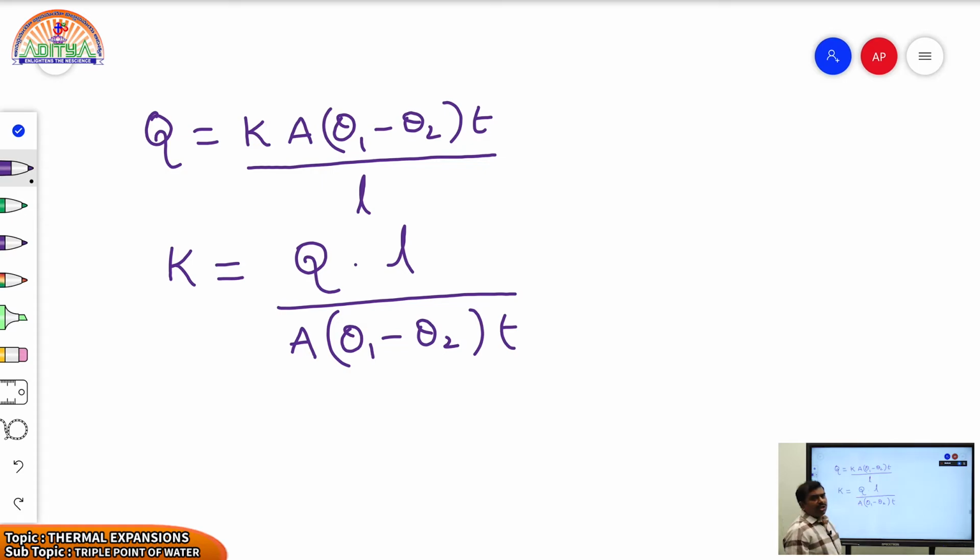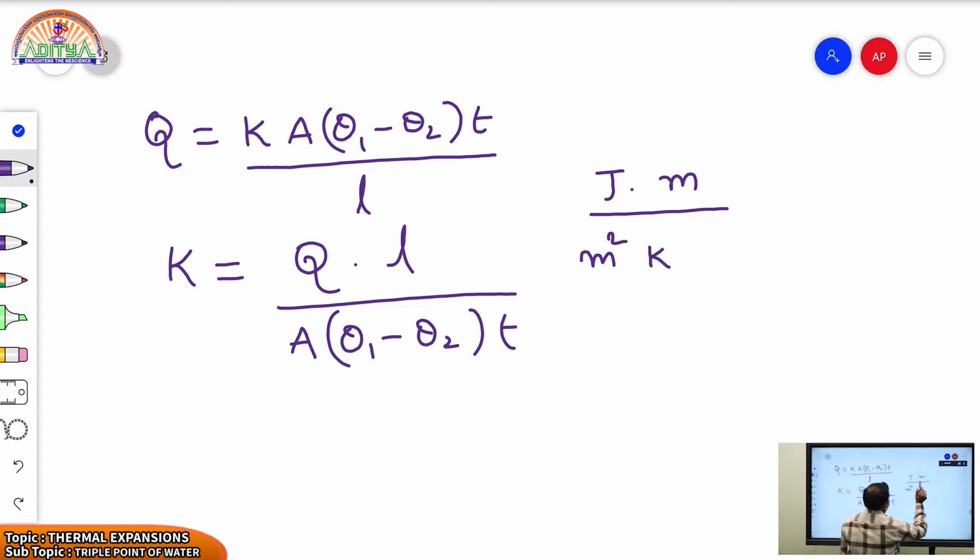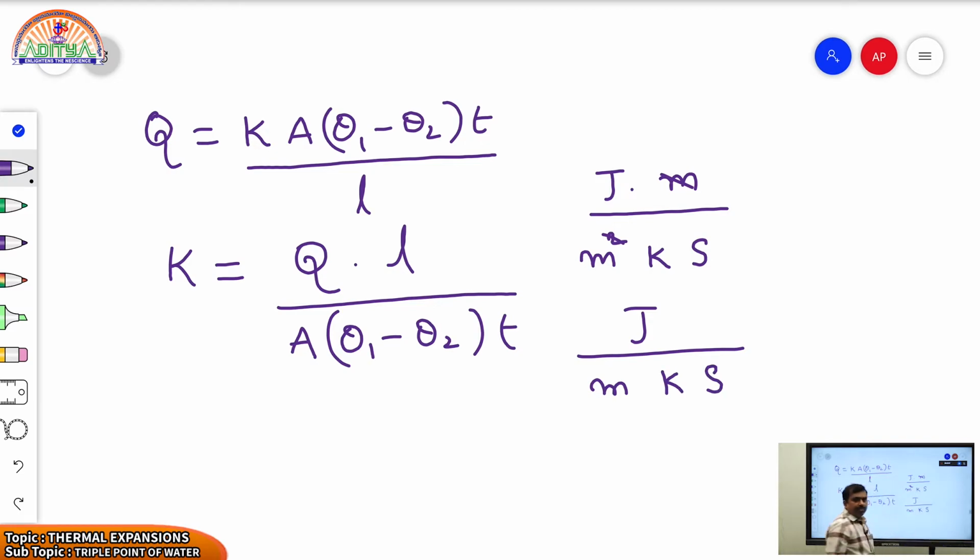Now, what is the unit of Q? Heat quantity in SI system is joule, length is meter, divided by area, meter square, temperature difference in kelvins, and time in seconds. Meter will cancel. So, the unit of it is joule per meter Kelvin second.